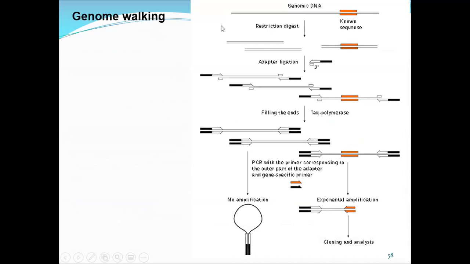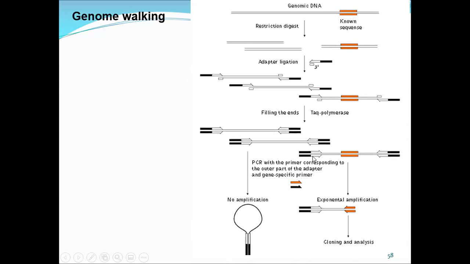This is a genomic DNA, and you just know a small stretch of that genomic DNA. So this is the known sequence. So in genome walking, what is done is you digest with the restriction enzyme, and use the adapters to ligate the ends of all the fragments. And after that, you fill the ends with the polymerase.